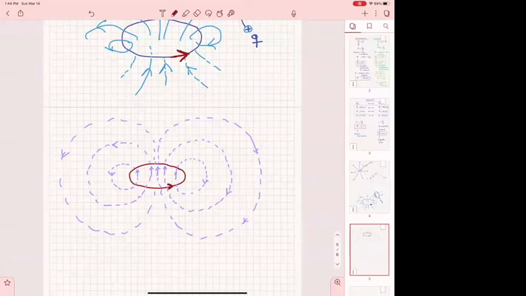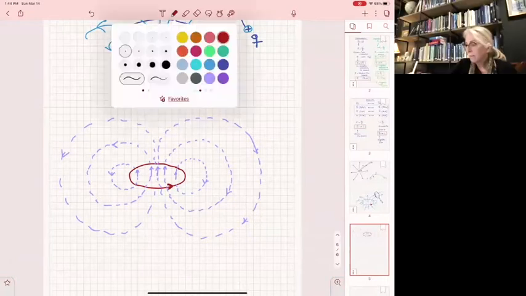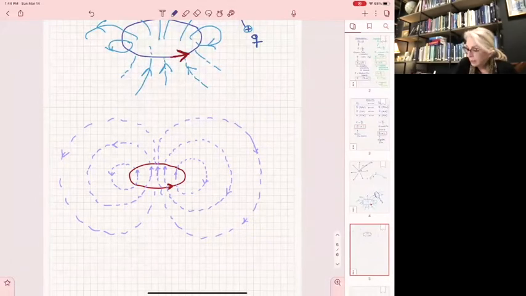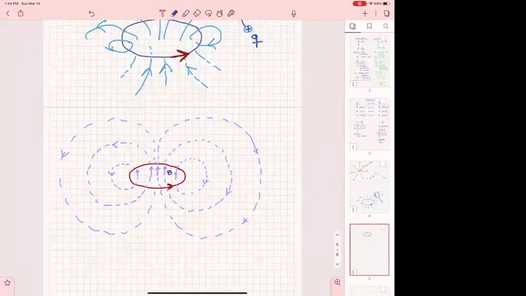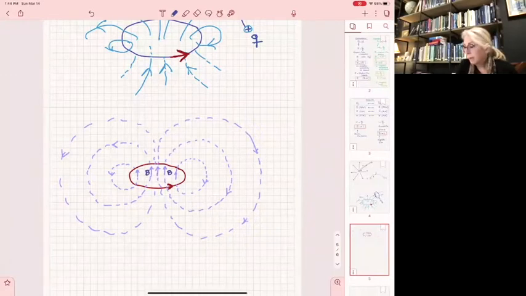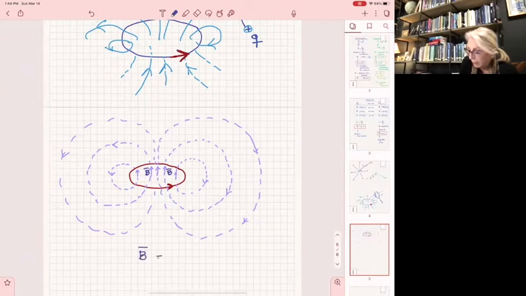I guess my question was, the magnetic flux density B, that's going to be perpendicular to the magnetic field lines, right? No. B and the magnetic field lines are the same direction because they only differ by a scalar.